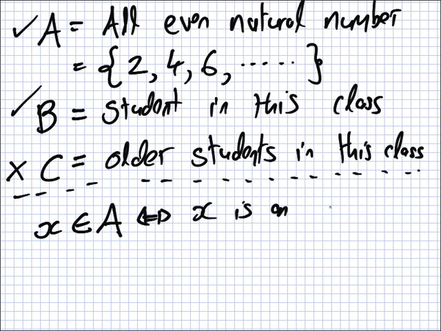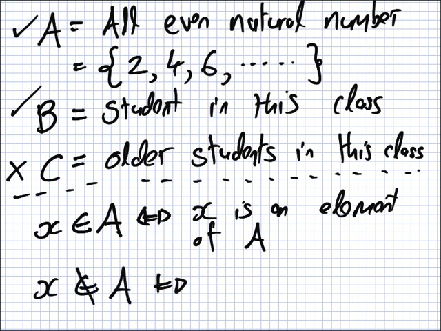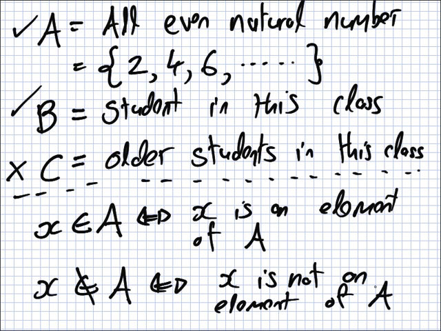X is an element of A. Meaning basically that X is one of the members of the collection that's set A. And then I think it's fairly obvious what this means. X is not an element of A. Okay?